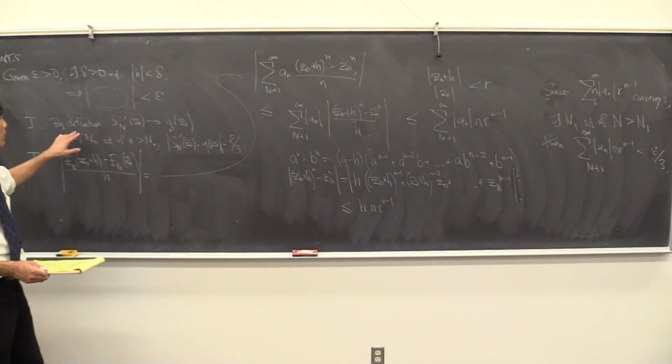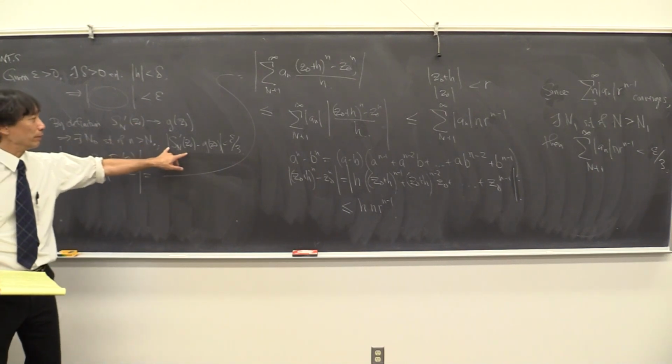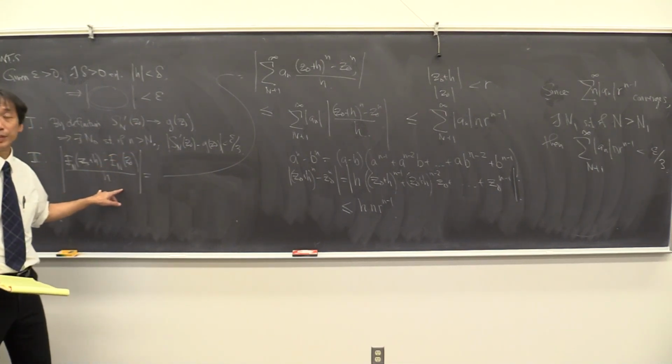Okay, so there's an n naught past which we've got control over the first term. There's an n1 past which we've got control over the second term.